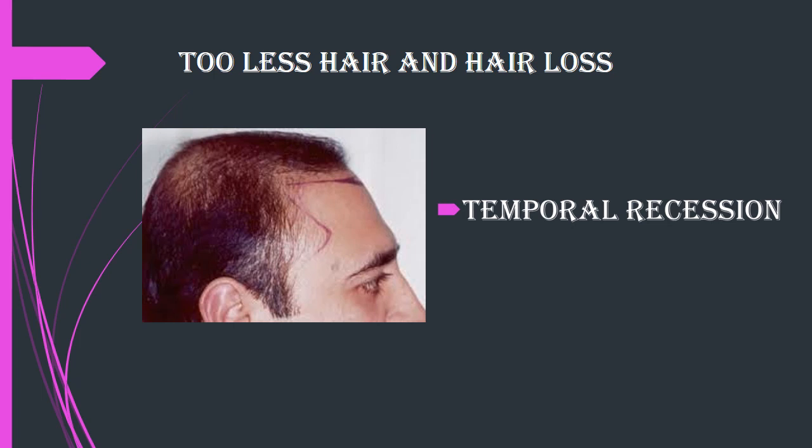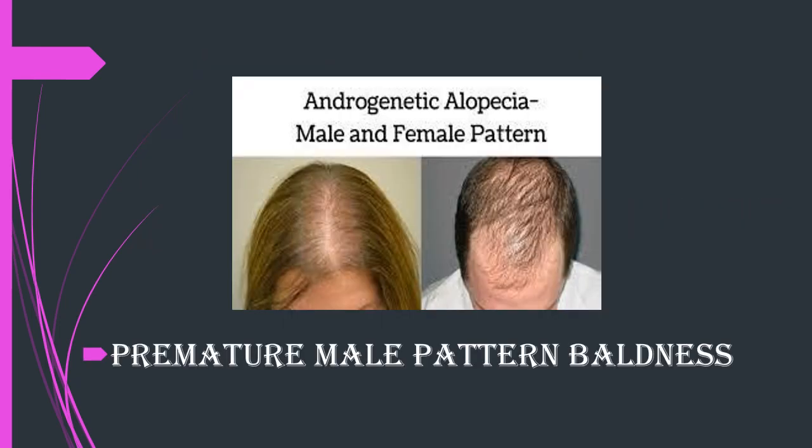This leads to thinning of hair and temporal baldness called temporal recession. In premature male pattern baldness, vertical thinning is seen in association with marginal recession in both sexes, indicating androgen excess, called androgenic alopecia.